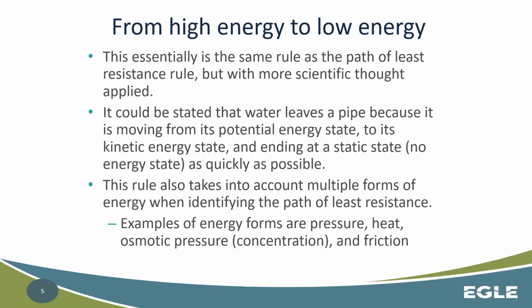Once the ball hits the ground and stops moving, it's referred to as the static energy state, in which there's no movement at all. So again, potential energy is essentially stored energy that has the potential to produce a certain amount of energy. Kinetic energy is the energy of motion. A moving object has kinetic energy. Static state, or no energy state, is when the object is at rest.